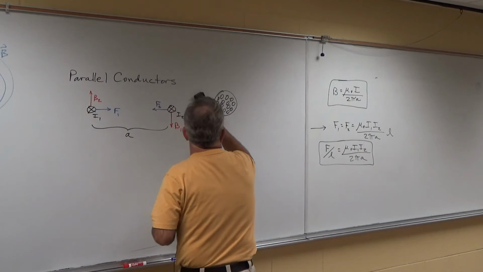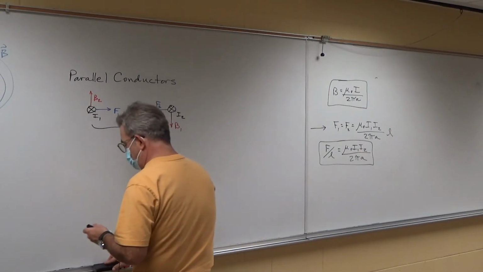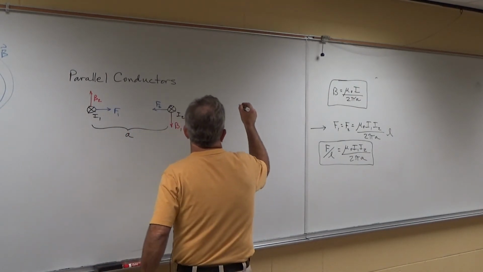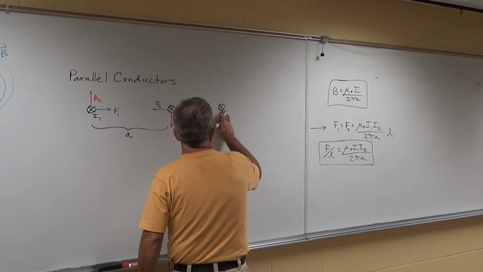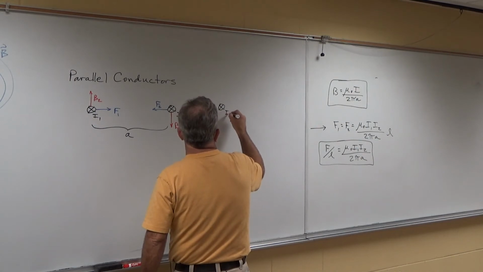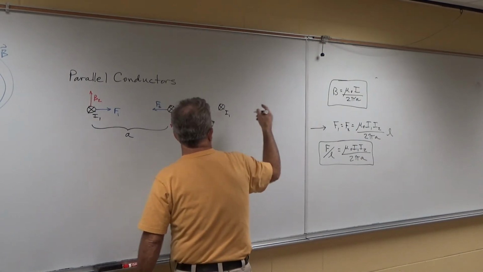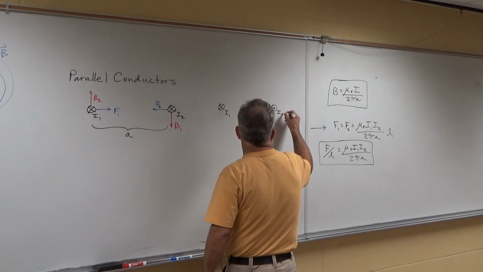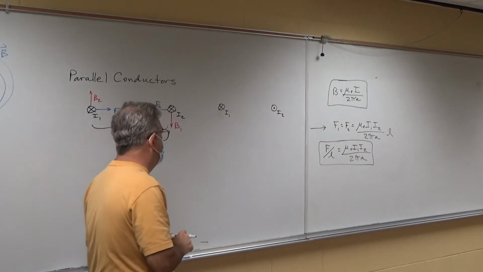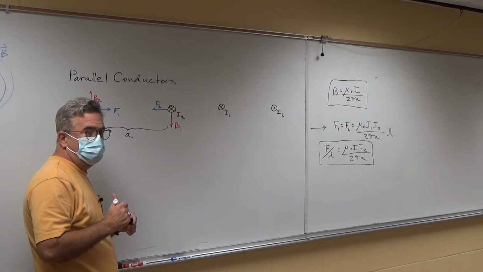Wires that carry current in opposite directions repel. I'll show you that quickly. Here's I1. That's current into the board. Here's I2, current out of the board. So they're carrying current in opposite directions.